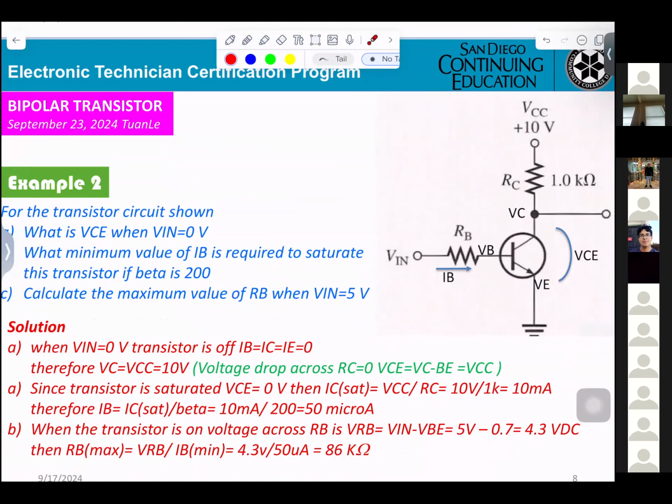Now, for the transistor in the circuit shown, what is VCE when V in equal 0? If they give 0 volt here, the question is, what is VCE?